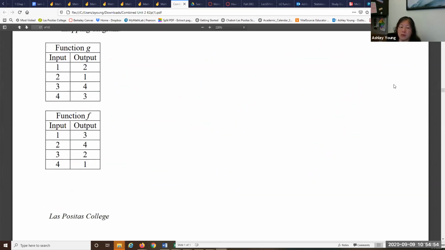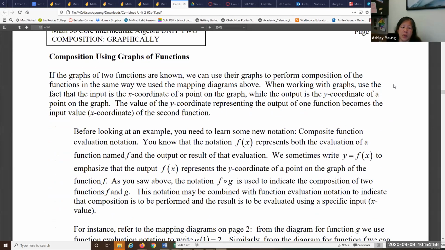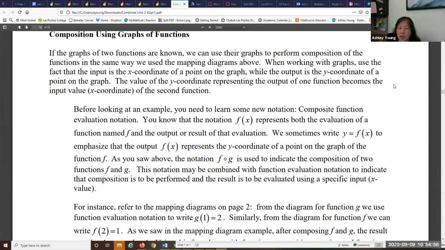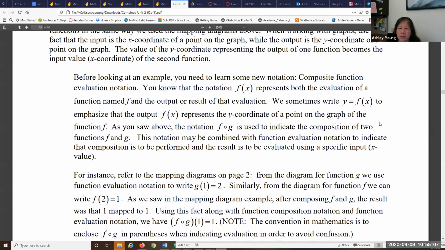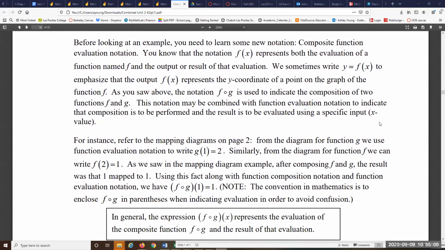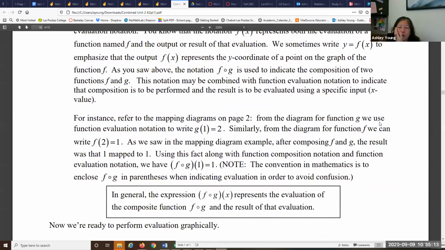Take a look. All right, so if the graphs are known, you can use it. I don't think this is important. It's just more words.